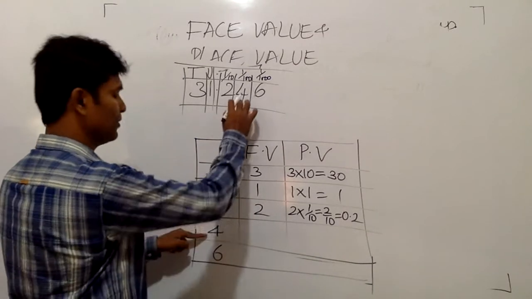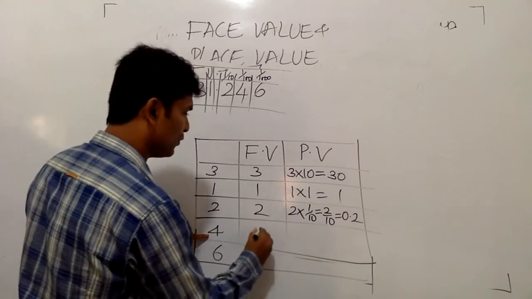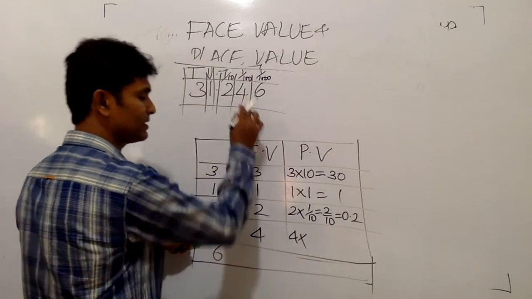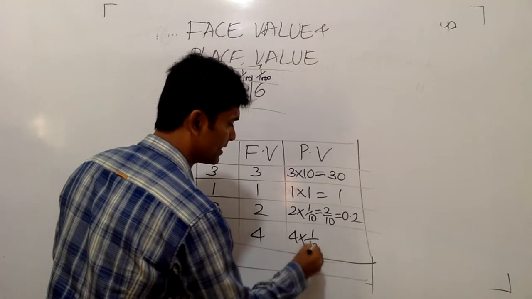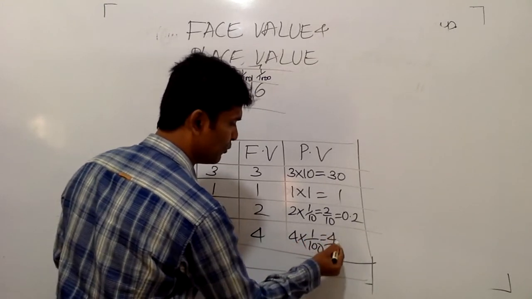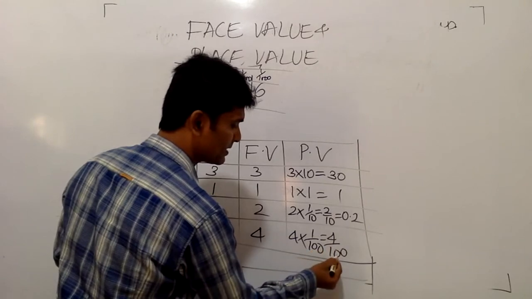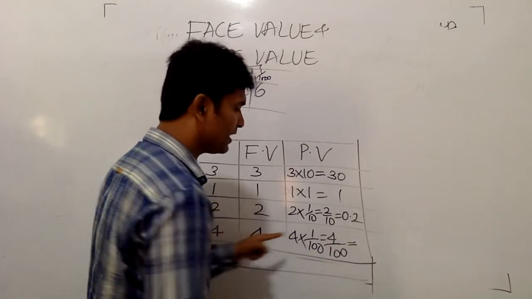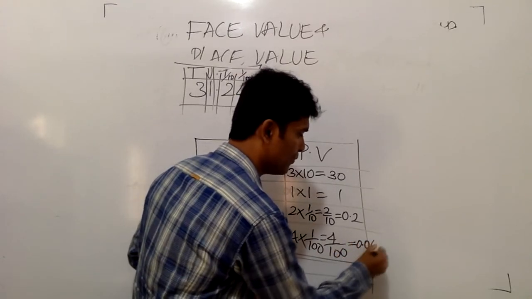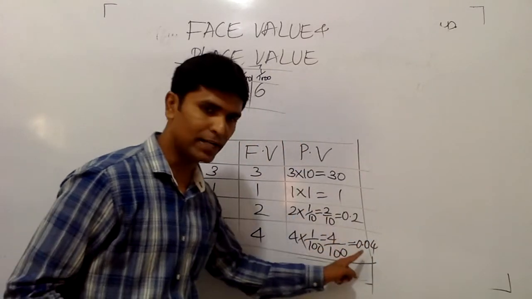Now 4. The face value of 4 is 4. Then the place value is 4 into, it is in the hundredth place, that's why 1 by 100, which is 4 by 100. 4 ones are 4, and in the denominator 100 is there. If we convert this into decimals, we will get 0.04. So this is the place value.